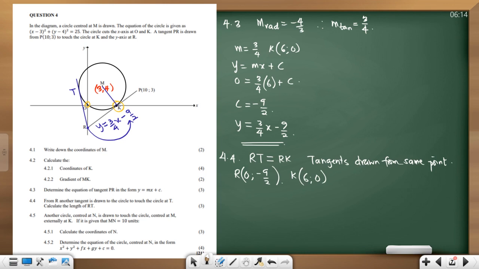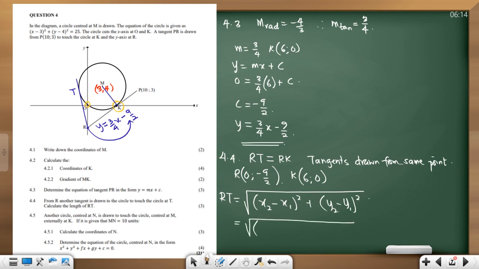So we can use the distance formula since we have said RT equals what? RK. Therefore, RT will be the square root, distance formula, change in x squared plus change in y, all squared. Lovely. So let's do that. The square root, what is our x2? Doesn't matter which one you use first, okay?